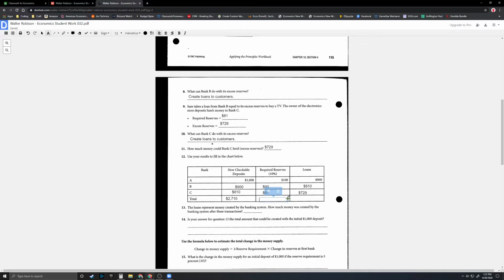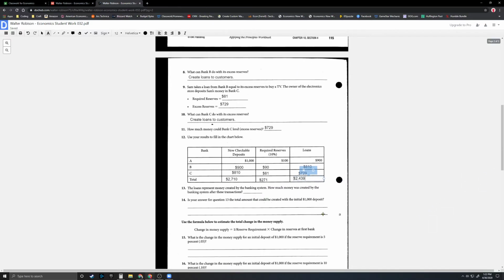Take 190 and 81, and you get $271. All right, then you're going to add up 900, 810, and $729, and you get $2,439.